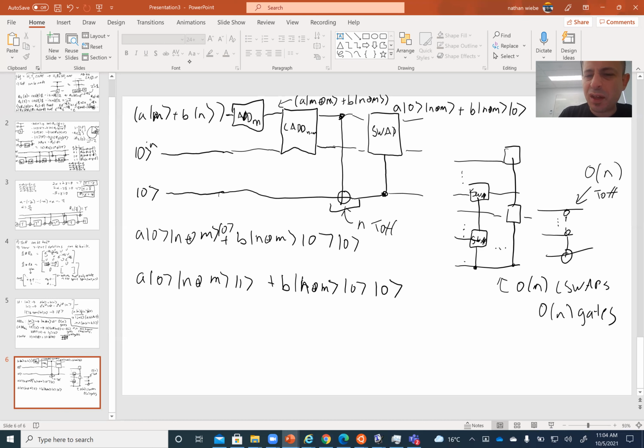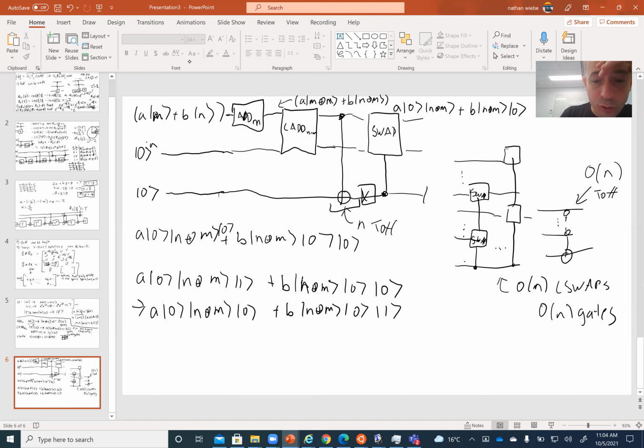Okay. For convenience, let's apply an X gate here. Applying the X gate is going to flip the bottom qubit to 0 plus b n exclusive or m 0 1.